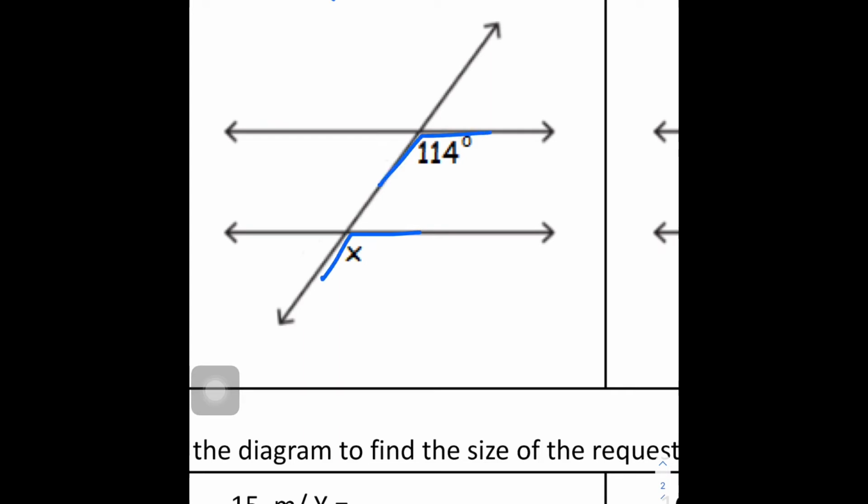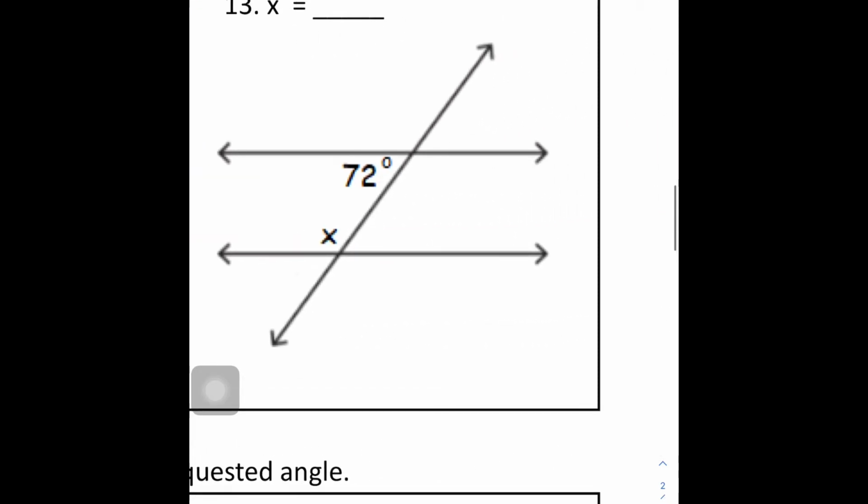They are the same measurement. This pair is inside the parallel lines, but on the same side. So if they were side by side, they would make a line. So we subtract, borrow, 180 minus 72, 108 degrees.